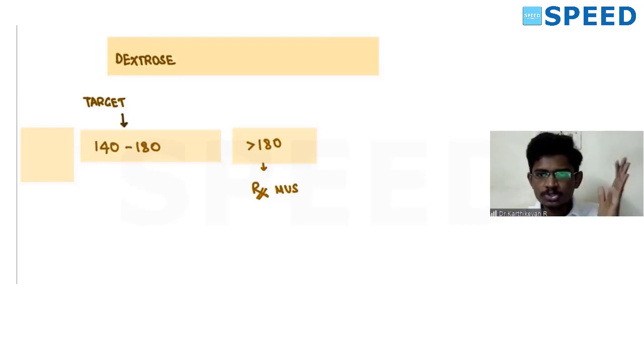Why is dextrose control that important in case of ischemic stroke? First, hypoglycemia as well as hyperglycemia can aggravate infarct extension. How? If glucose supply to the tissues is getting less, then automatically that infarct region will enlarge.